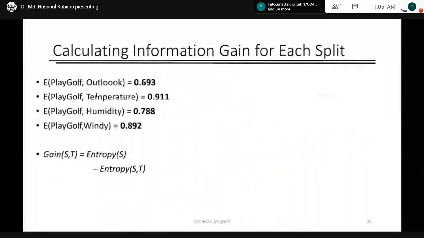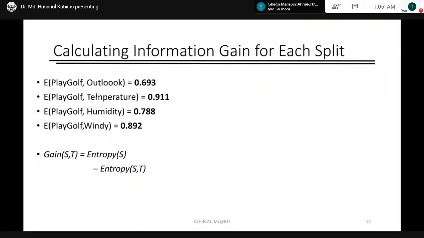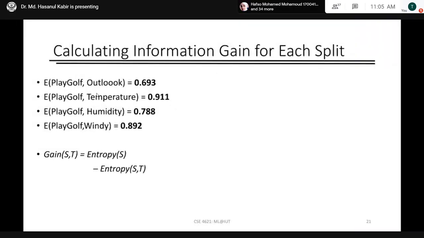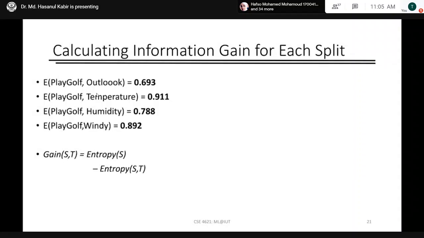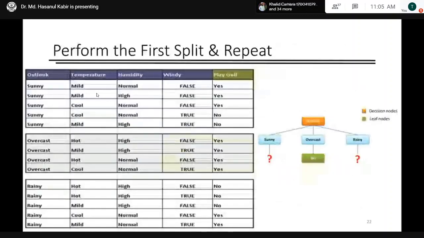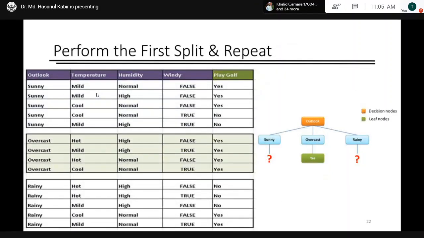That means whenever you have to do a split, you have to check the possibility of picking among all attributes at hand. Like you have done in this root node, you checked outlook, temperature, humidity, and windy, calculated the entropy for each split, and came up with the one with the smallest entropy, that was outlook. Do you see here? Yes or no?